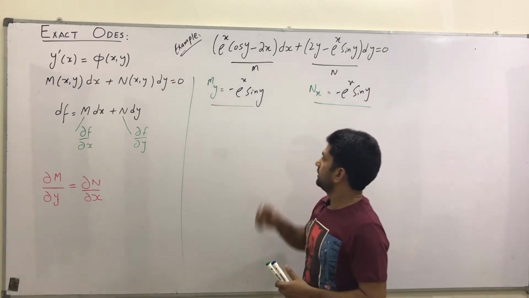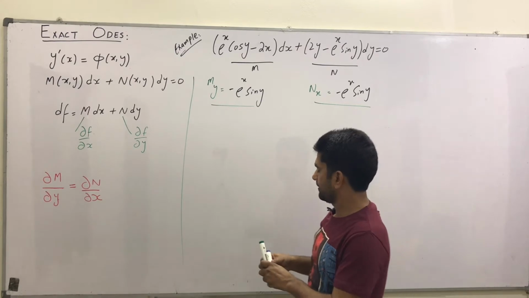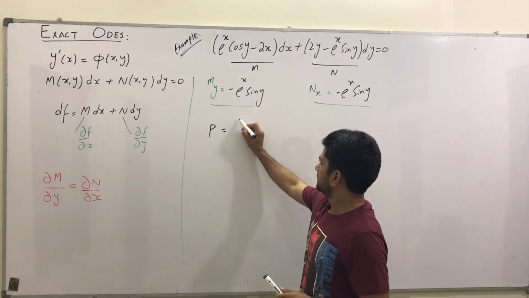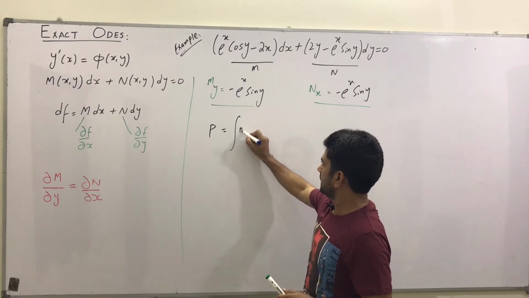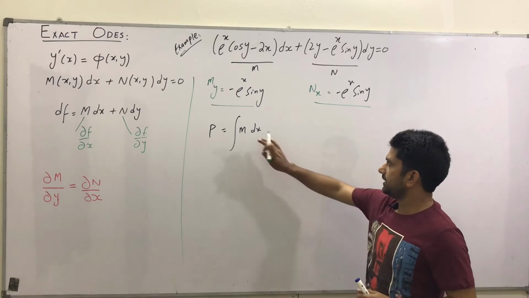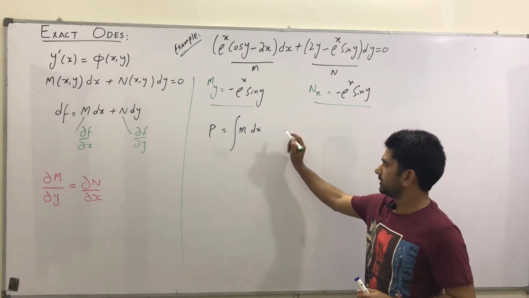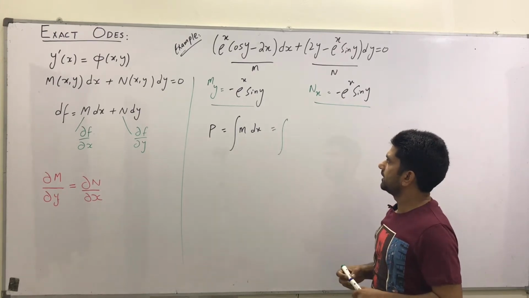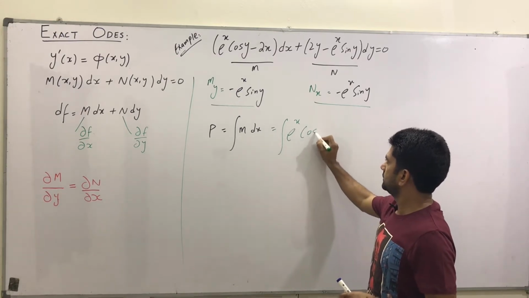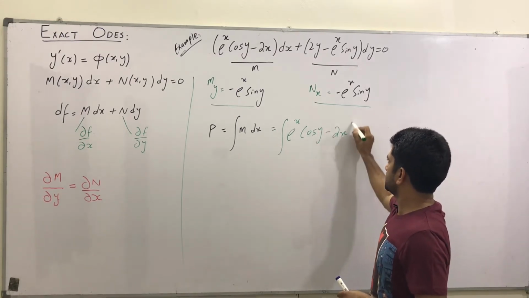For the solution, we first find P, which is integral of M dx. We integrate M with respect to x, and our M is e to the power x cos y minus 2x.